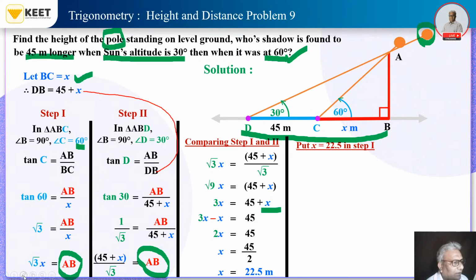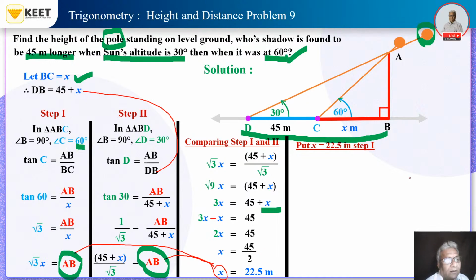Now this value of x, you can substitute in this AB or the other AB, from step 1 or step 2. It is advisable to take the value of AB from the first step, because here we have just root 3 x.